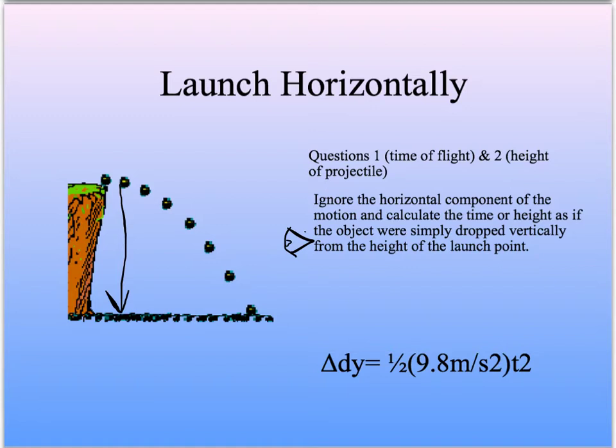And here's how we find that. Delta dy equals 1/2 a delta t squared. And so given delta d, we can find delta t squared, and then we can find delta t. Or if you're given the time that it takes to fall that distance, then we can find delta d just by plugging that in and solving for delta d.